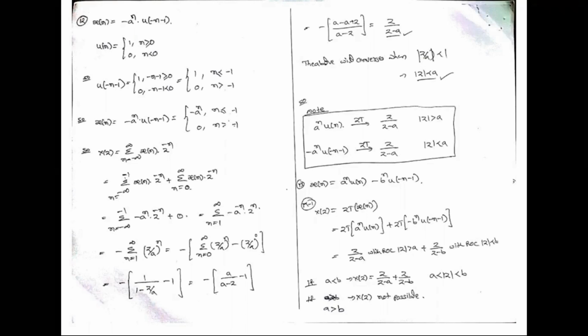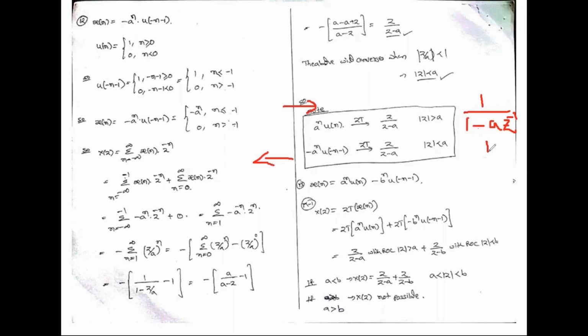In the negative powers of z, the transform of a^n u[n] is 1/(1 - a z^-1). This one is towards the negative values, and the other is towards the positive values.